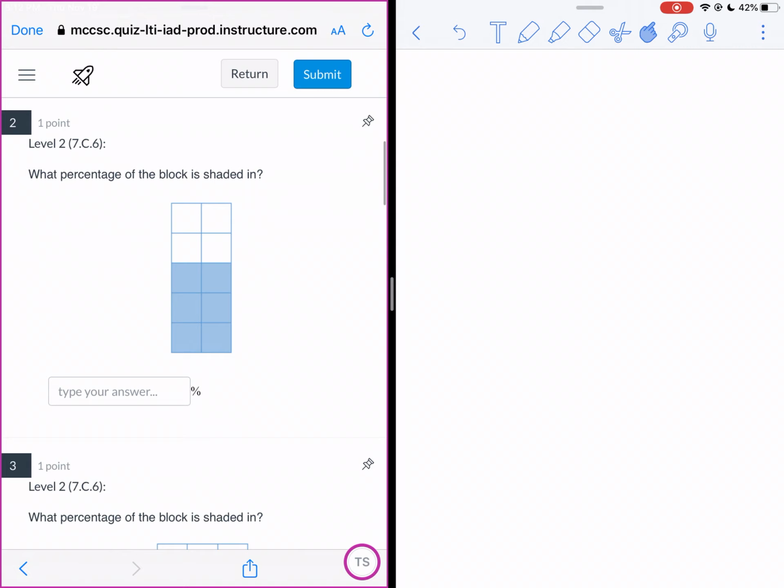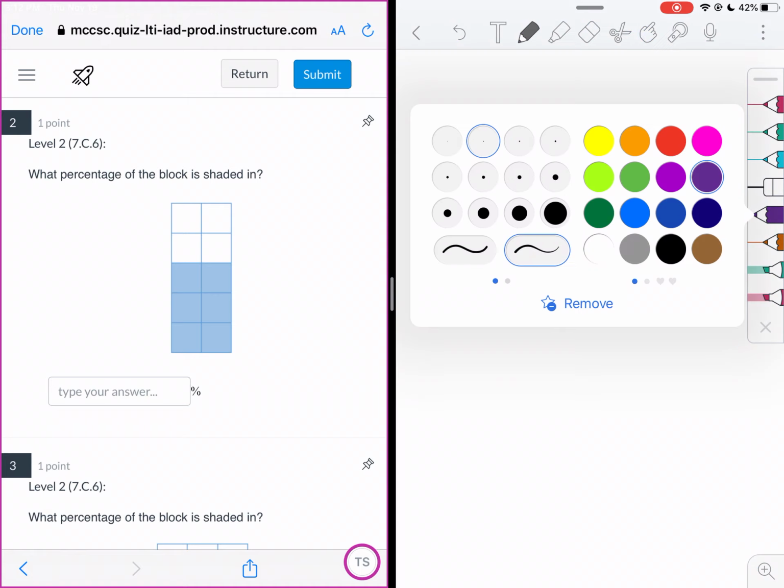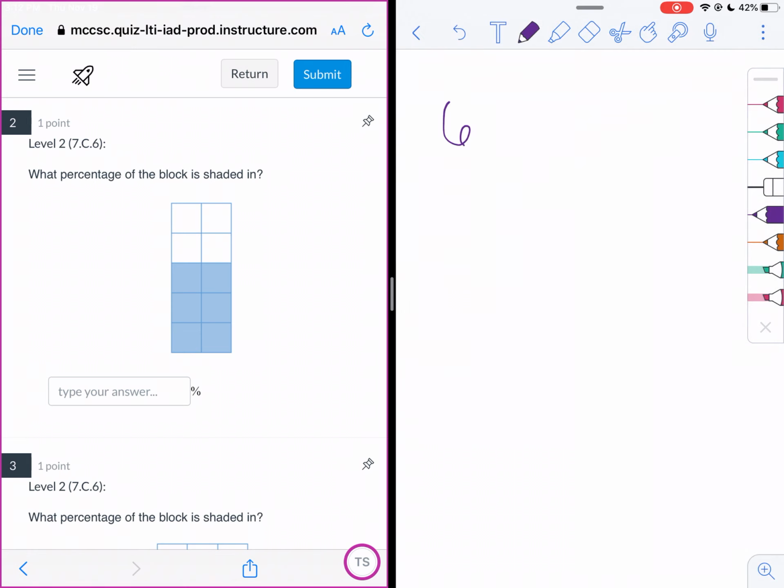What percentage of the block is shaded? Well, let's count. We have 1, 2, 3, 4, 5, 6, 7, 8, 9, 10 blocks total, and 6 are shaded in. So 6 out of 10 blocks are shaded, and we want to know what that would be out of 100, right?